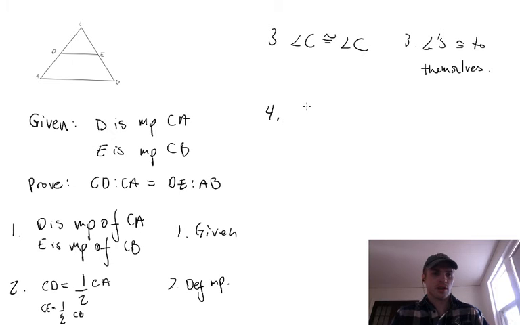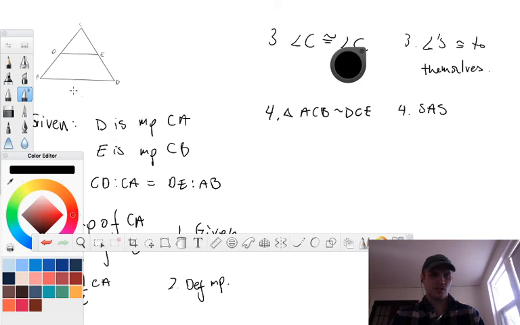So we can say that triangle ACB is similar to triangle DCE by side angle side.